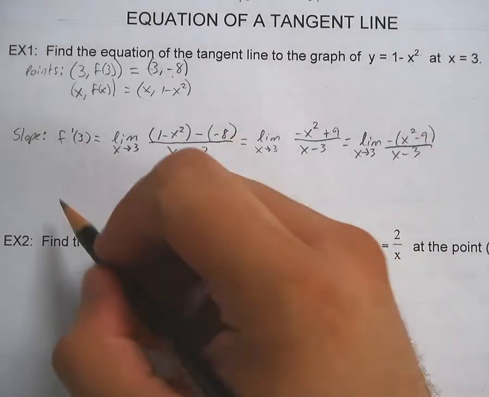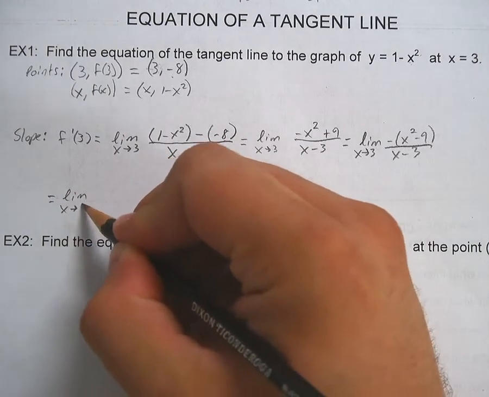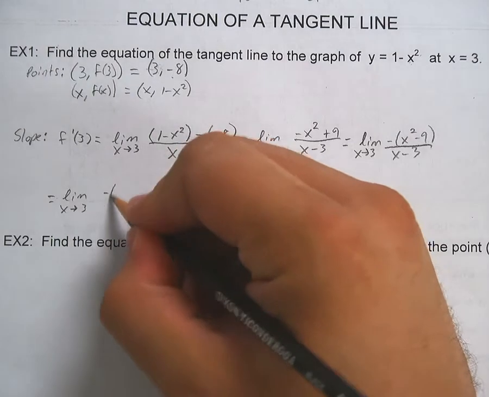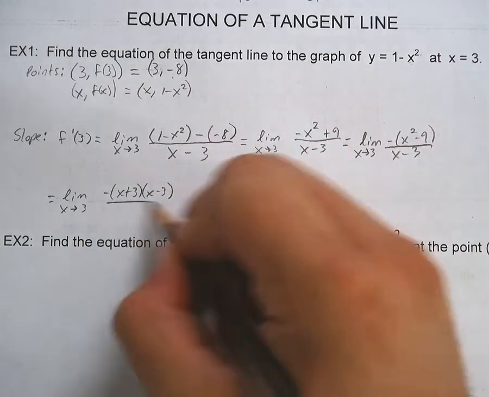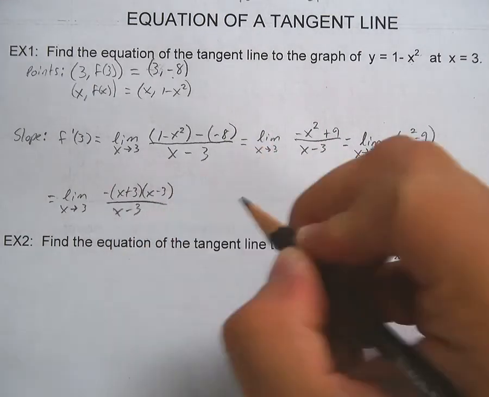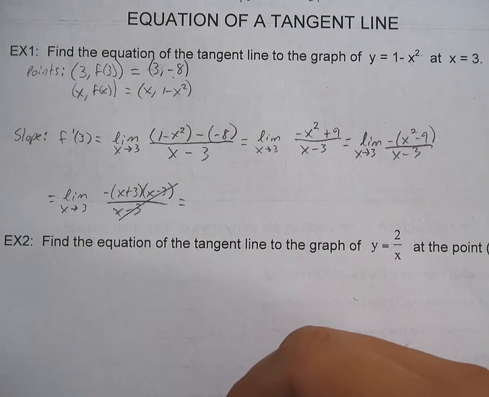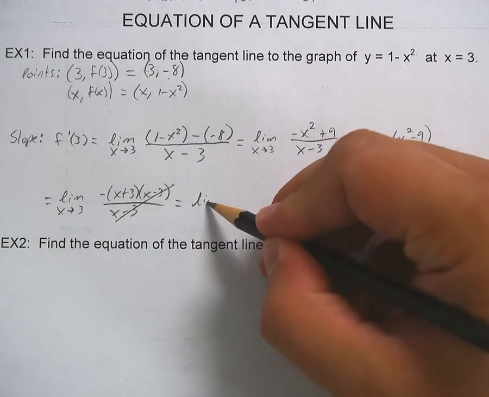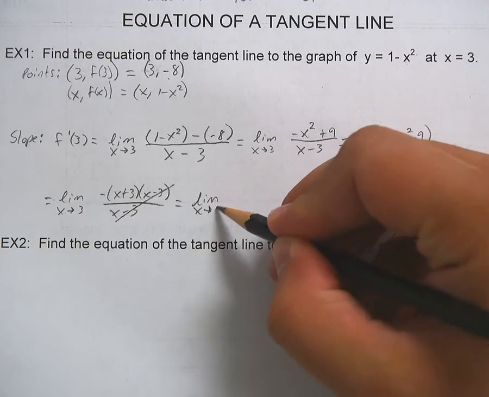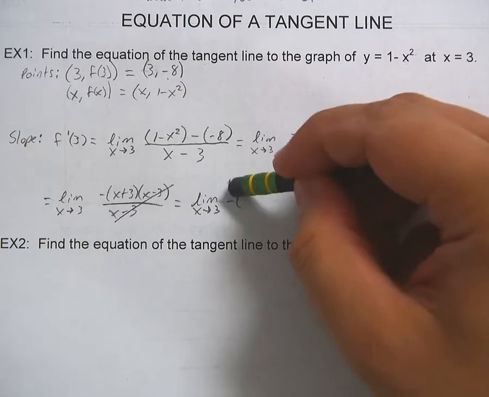So let's bring it down here. That's going to be the limit as x goes to 3 of negative x plus 3, x minus 3, if you factor the top, over x minus 3. Those will go away. So we've got the limit as x goes to 3 of negative, you know what, let's go ahead and distribute that negative.